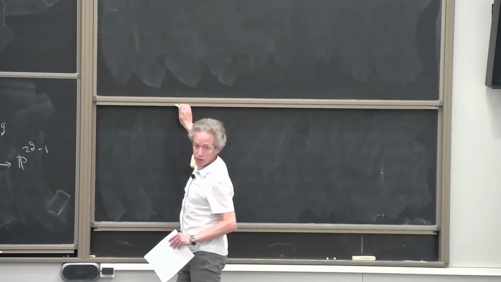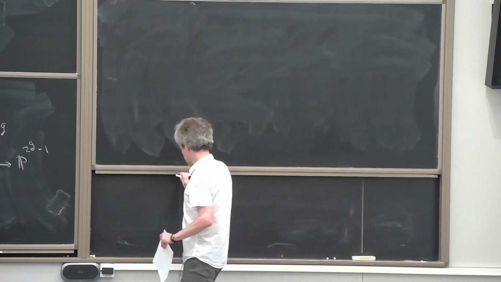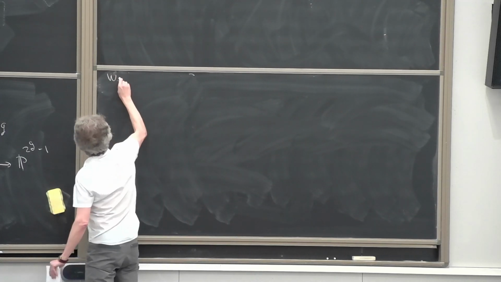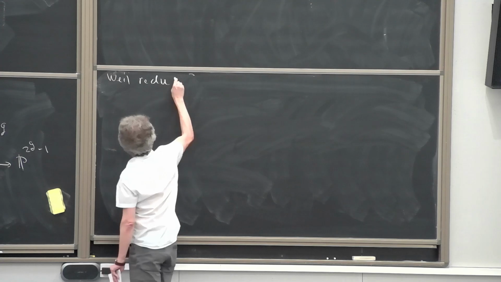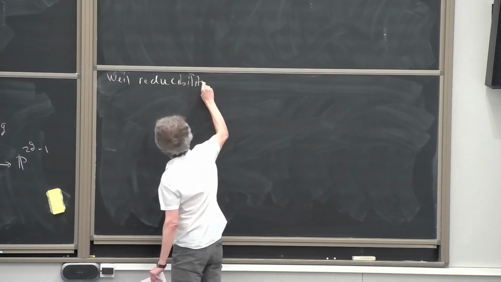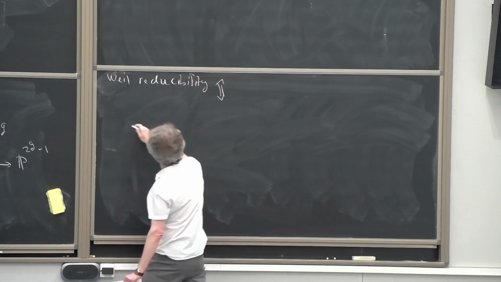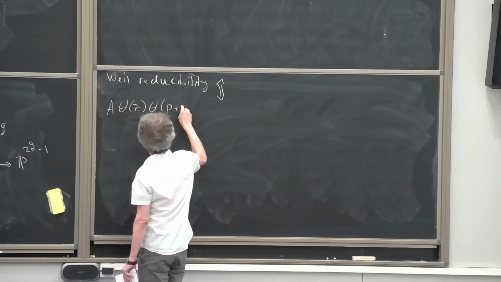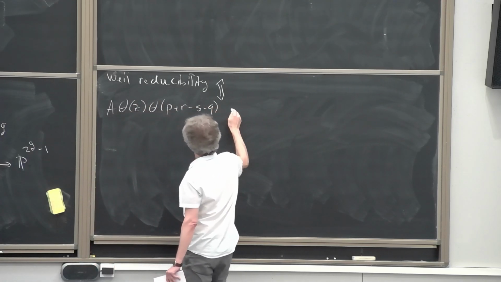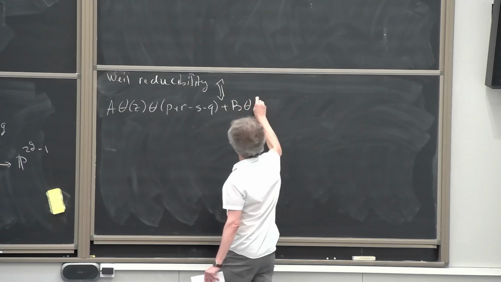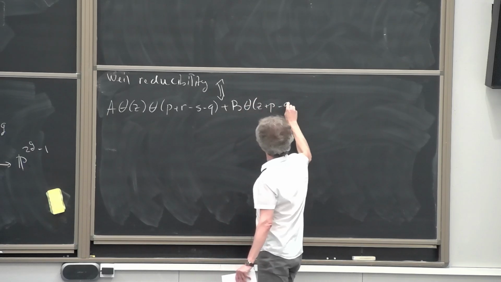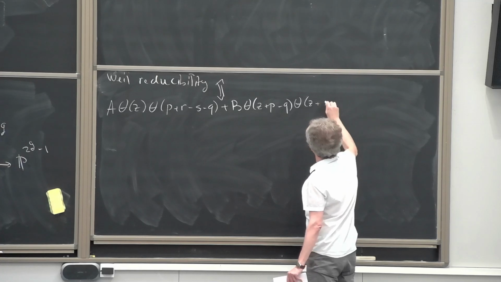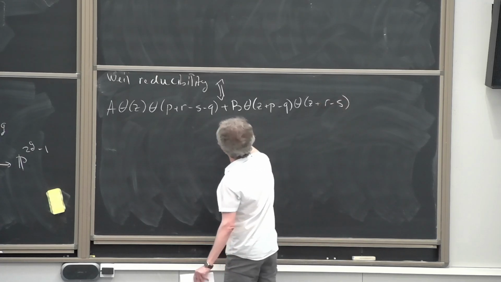Let me copy the equation I had before on the blackboard, and please correct me if I don't write it well. So we know that Weil reducibility was equivalent to the equation: a theta(z) theta(p + r - s - q) + b theta(z + p - q) theta(z + r - s) = 0.